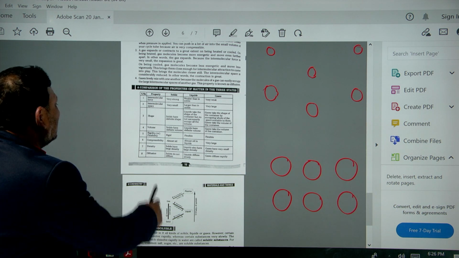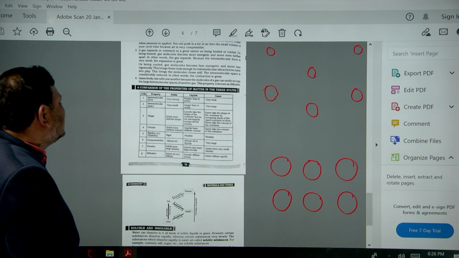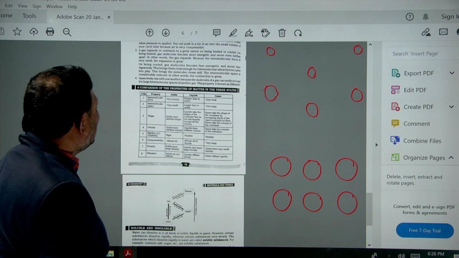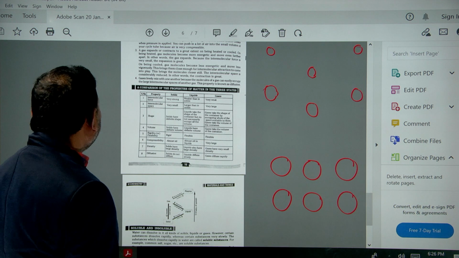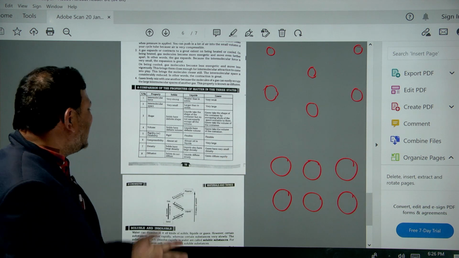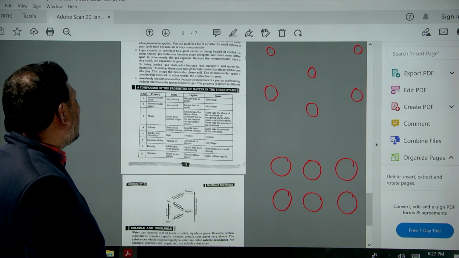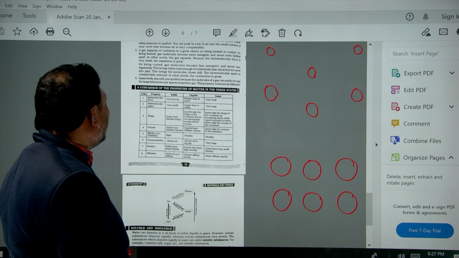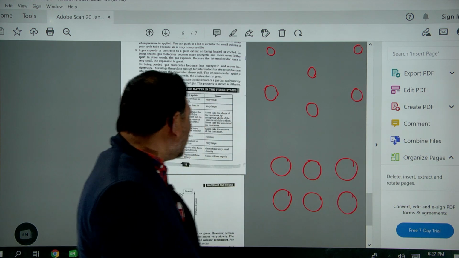Solids are rigid, with no flexibility. Liquids are flexible, and gases are also flexible. Then compressibility. If you press a solid, there is no change, so compressibility is almost nil in solids. It is almost nil in liquids, and in gases compressibility is very large.